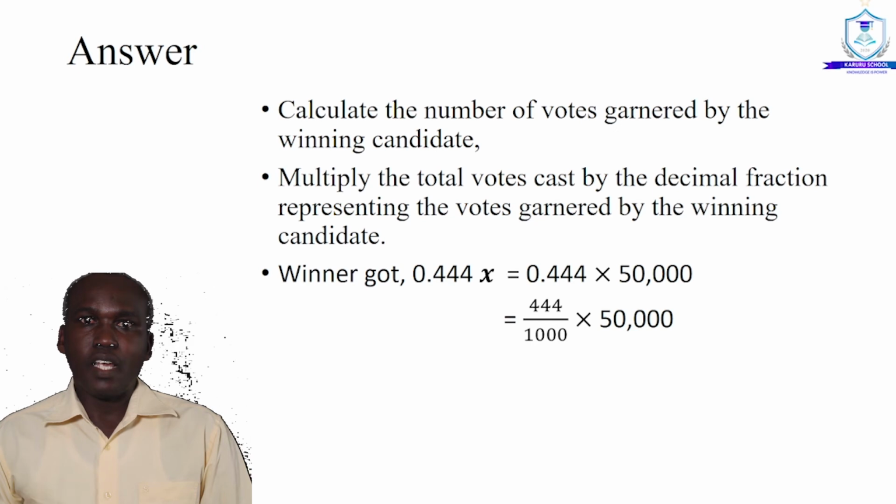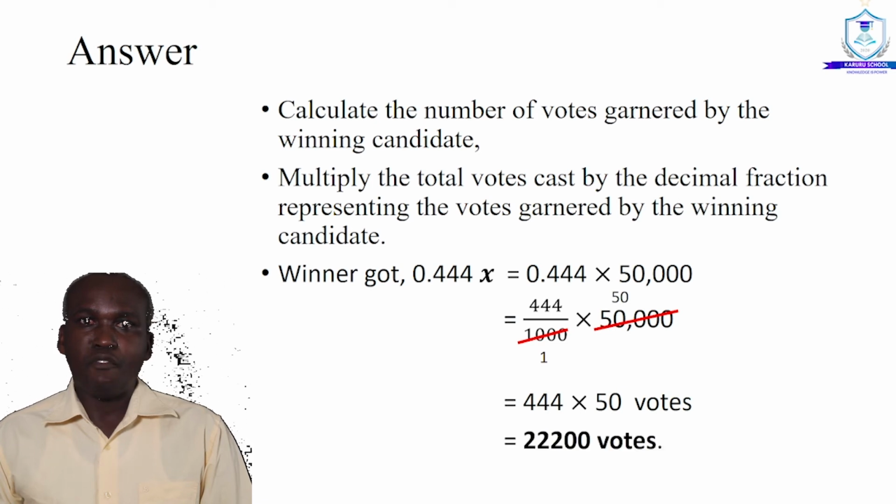This implies that 444 divided by 1000 multiplied by 50,000 gives us 22,200 votes. Therefore, the winning candidate garnered 22,200 votes.